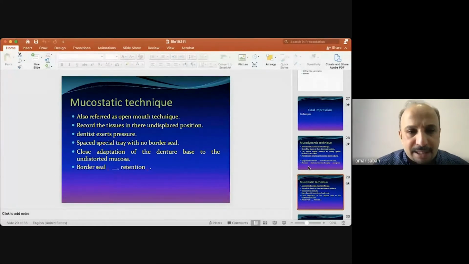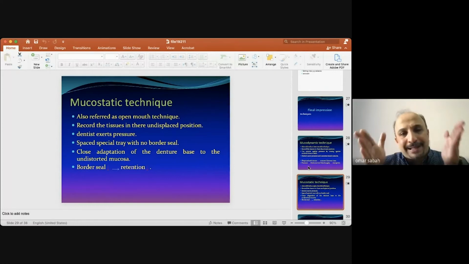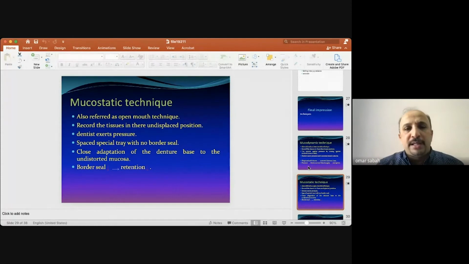The dentist exerts pressure, and the special tray has no border seals. You should have a space for the material that you need, and no border seals should be taken. The borders, if you remember, the special trays should be fabricated away from your sulcus. It is not touching the sulcus depth.